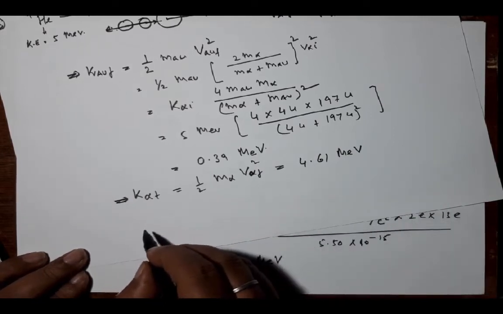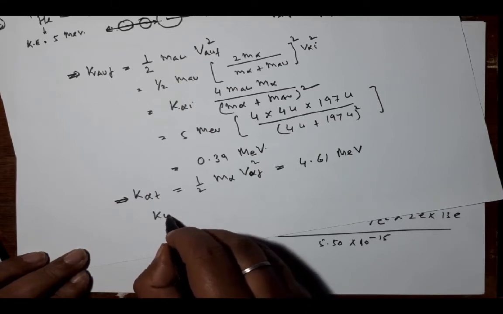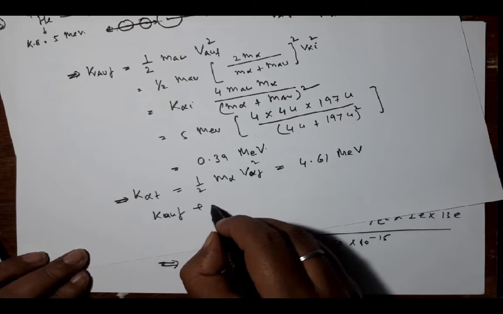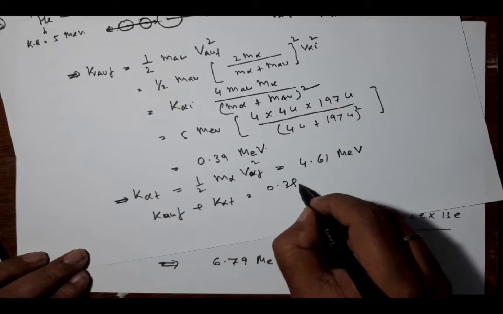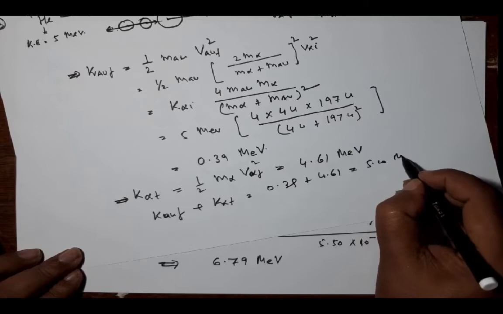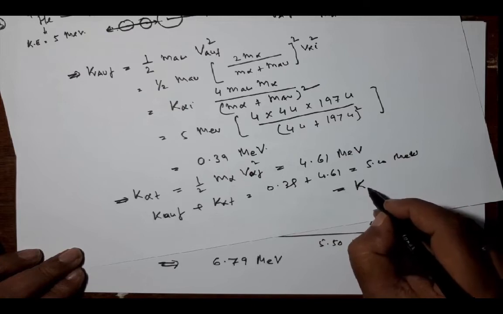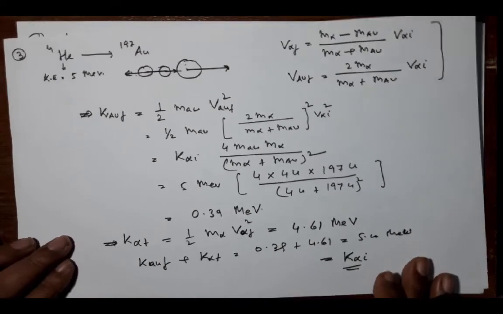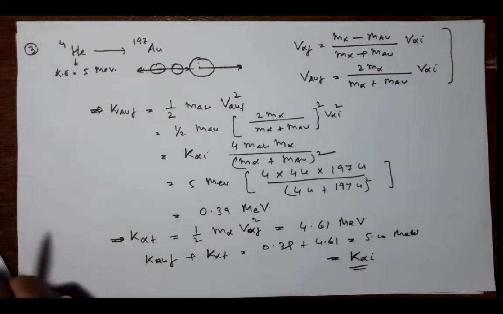Here we can see that K AU final plus K alpha final is 0.39 plus 4.61, which is 5, and this is the initial K alpha. So our principle of conservation of energy is satisfied.